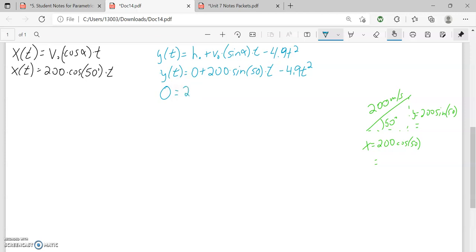So 0 is equal to 200 sine of 50 times t minus 4.9 t squared. We have one equation and one unknown, so we can solve for t. I'm going to add 4.9 t squared to both sides, which allows us to have all positive values.